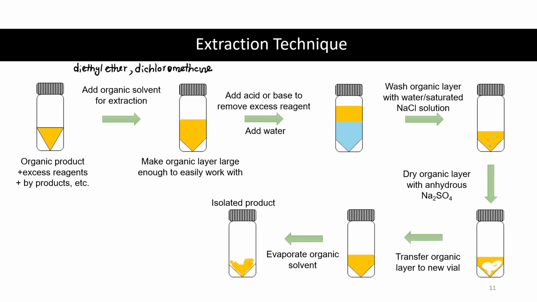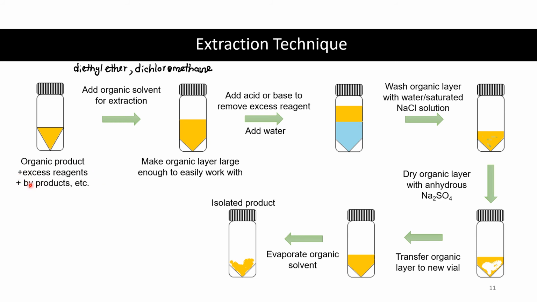I think those two are the main organic solvents we used for extraction in our class. And the most important reason is that they have a very low boiling point, so at the end we can apply gentle heating to get rid of those solvents and isolate our product.